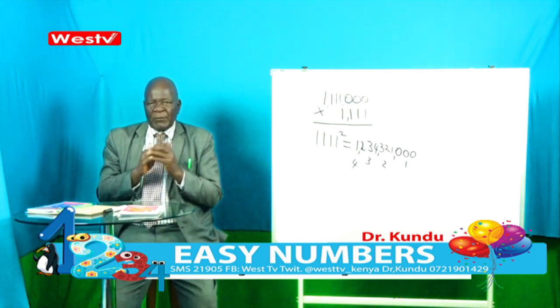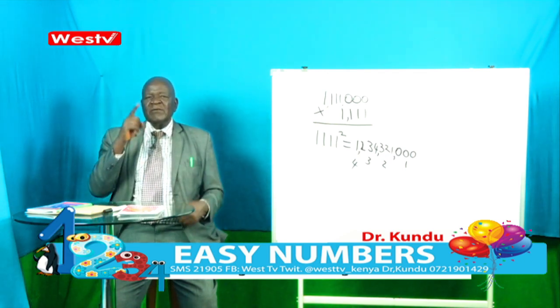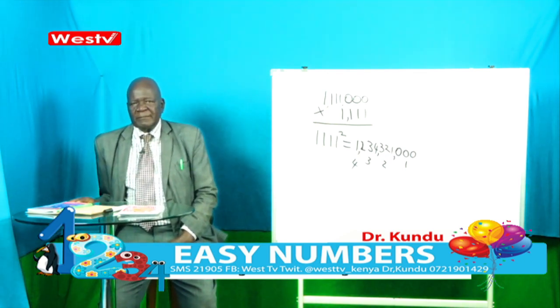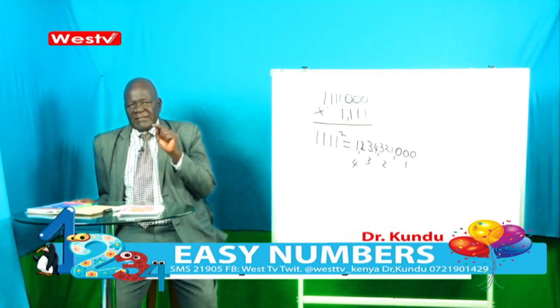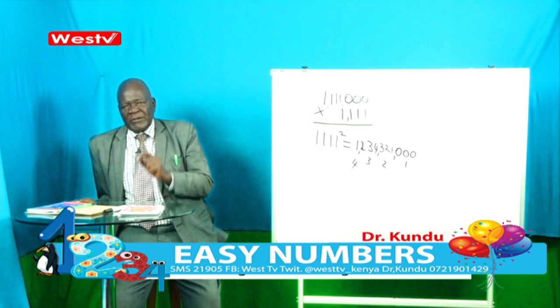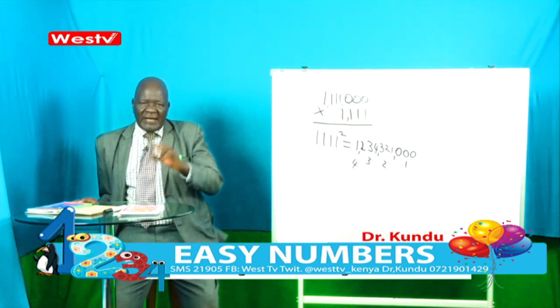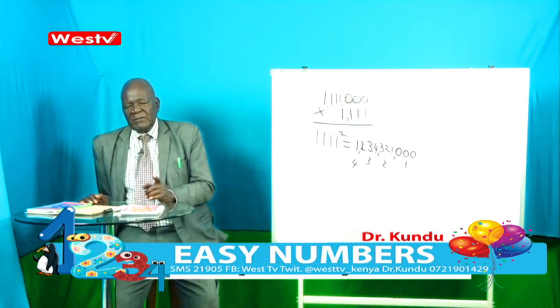Because there are some problems, however good you may be, like me, if you don't have the formula, you will still fail that problem. So make sure your child has the 21st Century Mathematics Formula. That is for primary. Now let me come to high school.